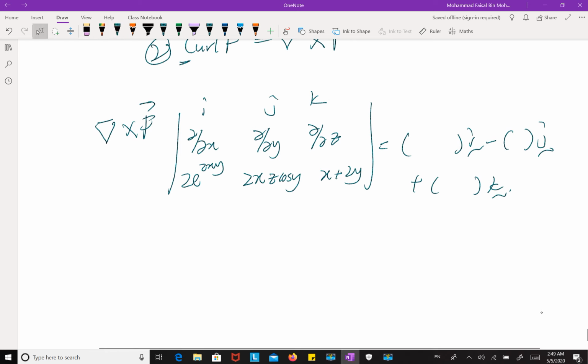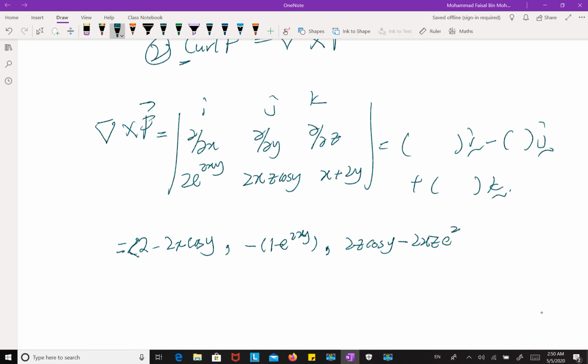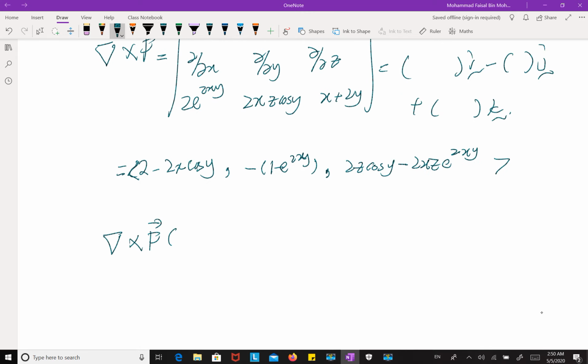Do it by yourself. You will get (2 minus 2x cos y) i, then minus (1 minus e to the power of 2xy) j, and then (2z cos y minus 2xz e to the power of 2xy) k. At (2, 0, 3), substitute x equals 2, y equals 0, z equals 3, and you will get negative 2, 0, negative 6. Okay, check.